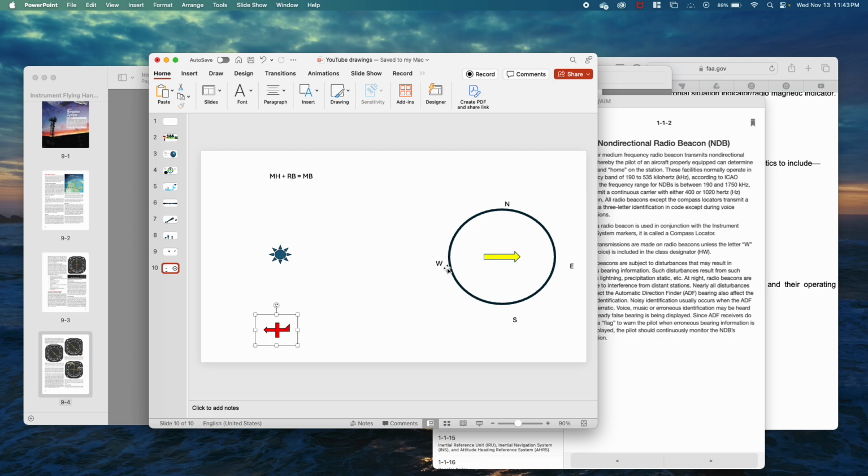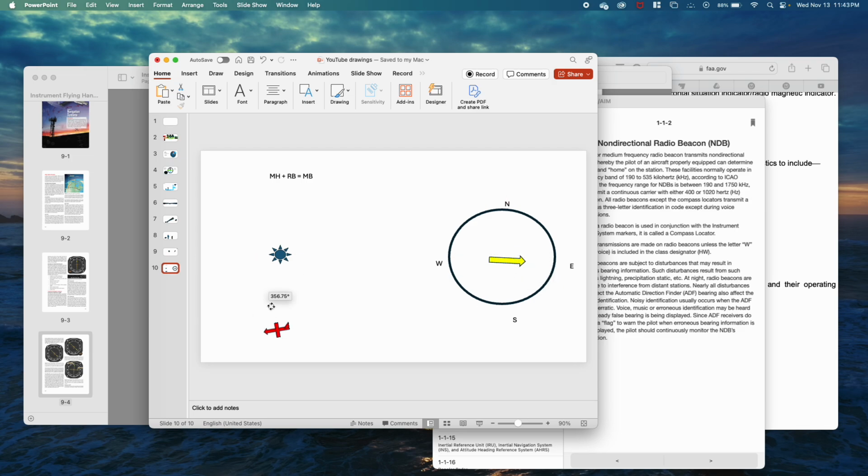How we can think about this fixed card actually, north is going to be your nose, if you picture that, right? So if the NDB is right in front of you, this arrow will be facing straight up, so it's in front of you. If the NDB is directly to your right, it's going to be facing to the right, at the east.